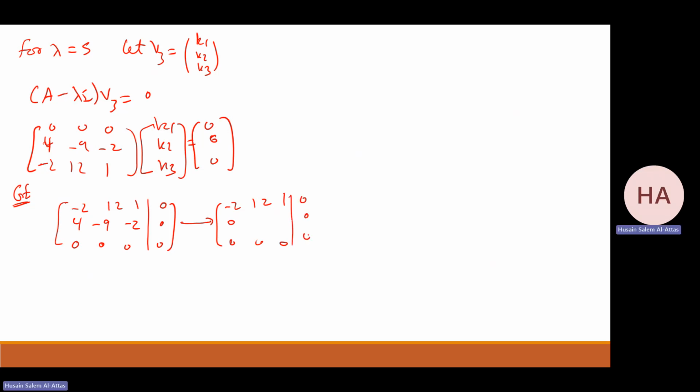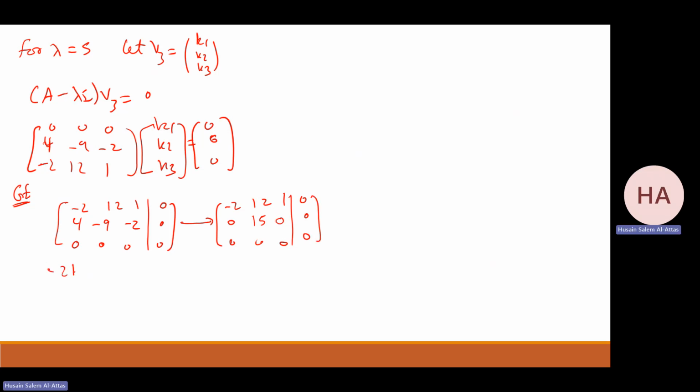That will not be changed. Okay. Multiply by 2. 24 minus 9 is what? 15. Multiply by 2 and add it, that will be 0. So what do I have now?